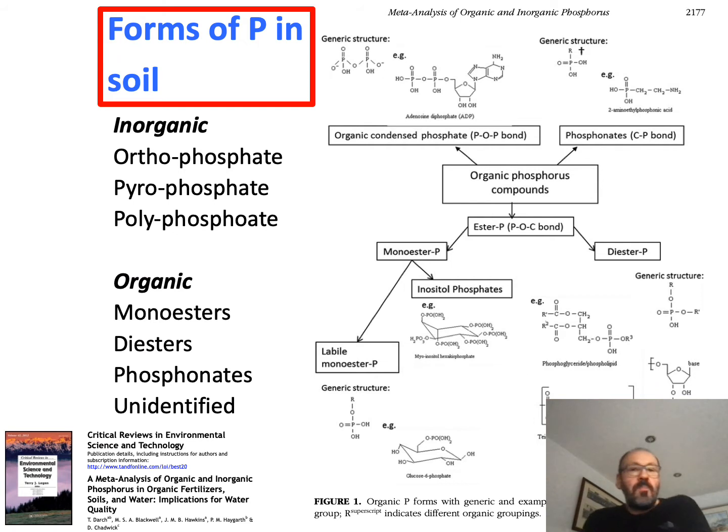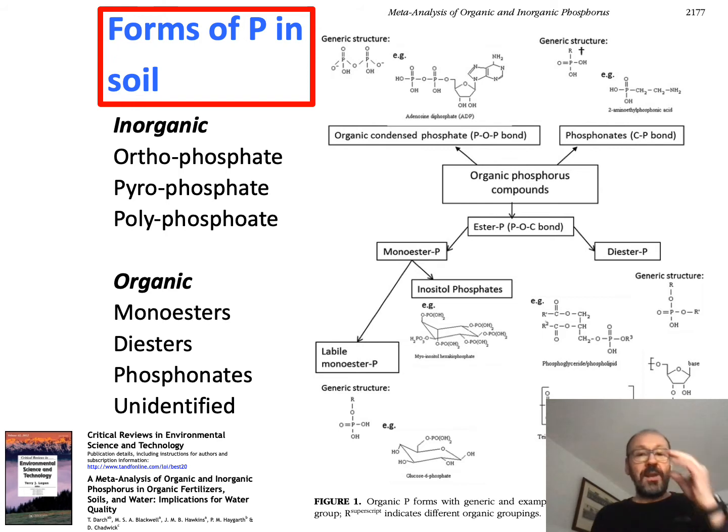So just for those real specialist and interested chemists, you don't really need to learn all this, but you need to be aware of this. There are all sorts of different chemically stable forms which exist in the Earth system and in environmental samples and in soil and in and around plants.